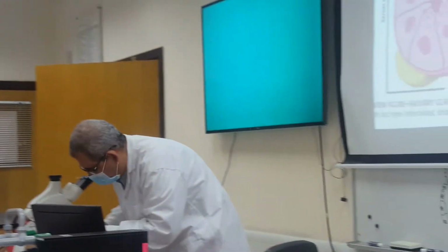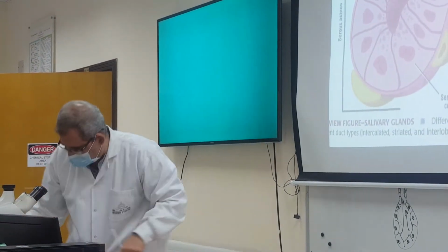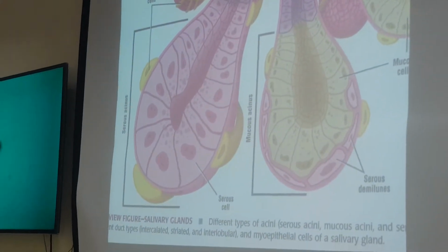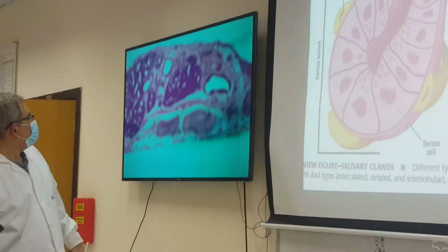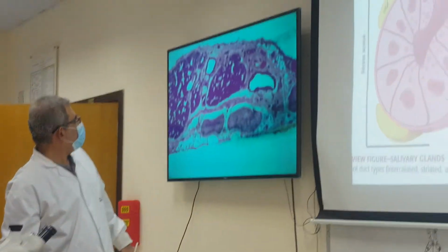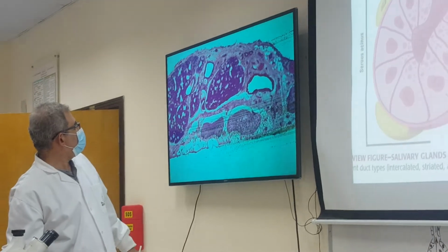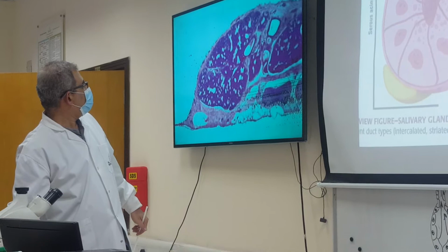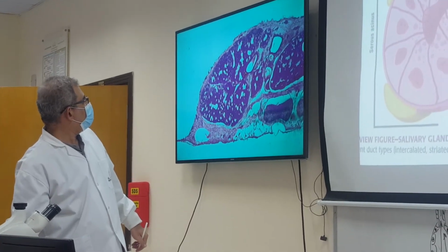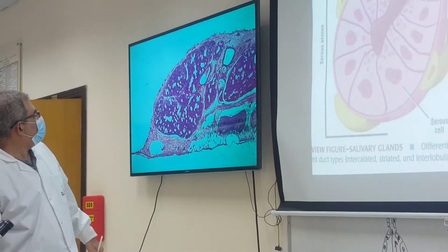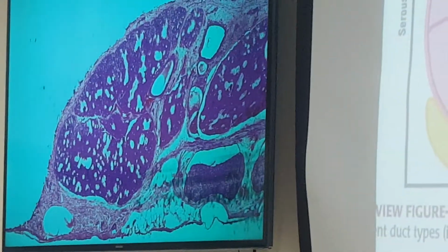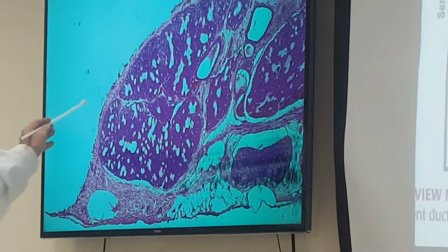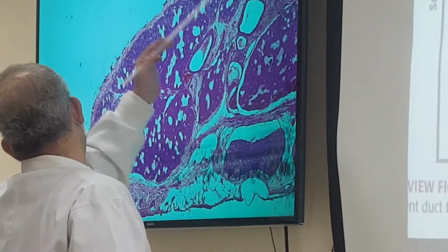let me put a salivary gland. Salivary gland, that section. You see these are the gland, and around it there is fibrous tissue.